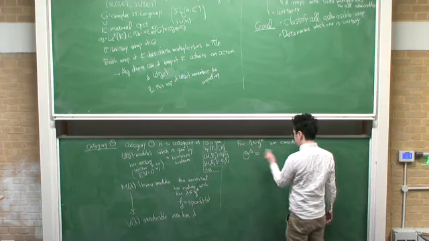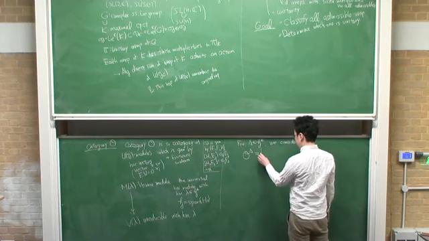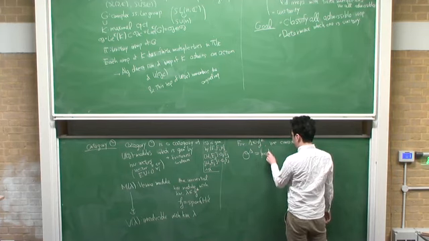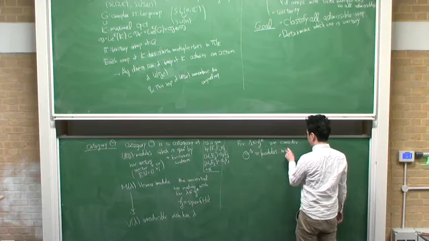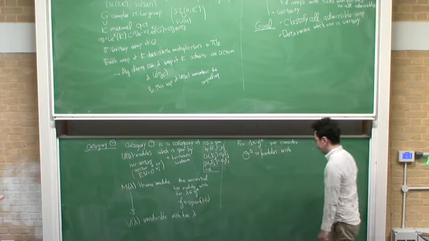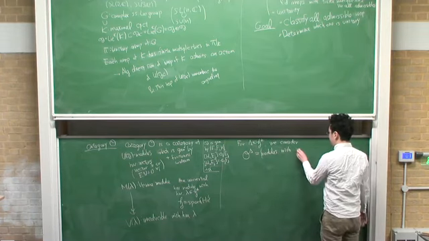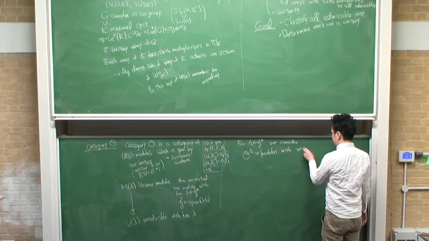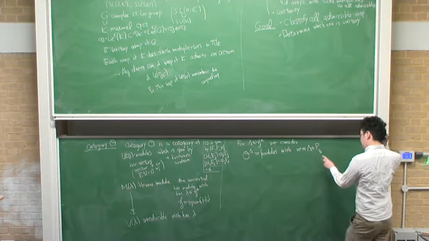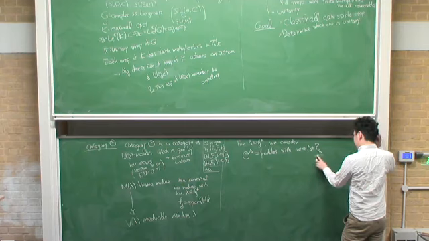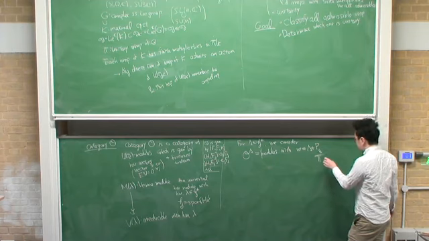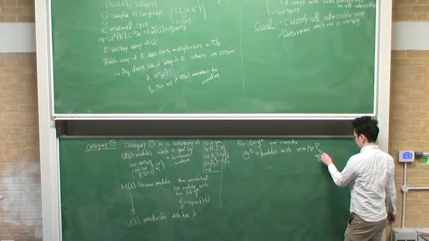So this is just the modules whose weight, the name of the joint eigenvalues, is in lambda plus P, where P is equal to the weight which integrates to the torus.